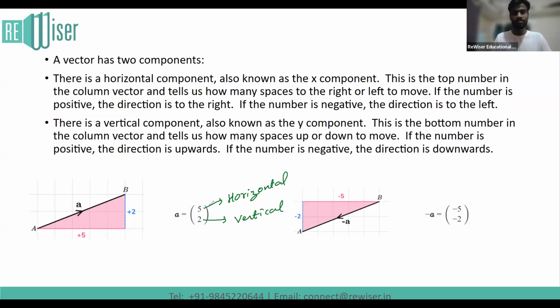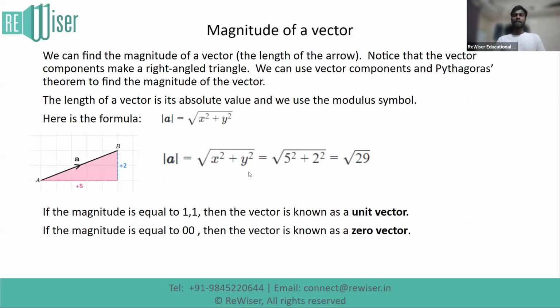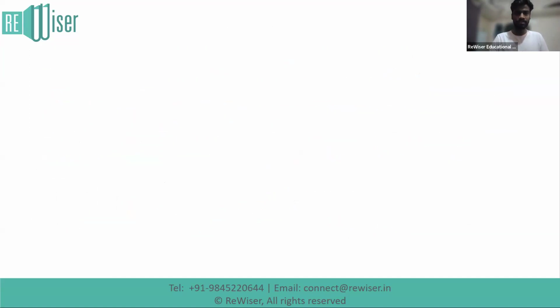So this is going to be 5, 2. And here, B to A is nothing but negative 5 and negative 2.